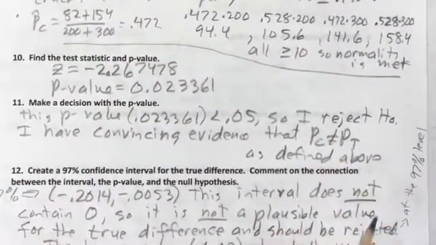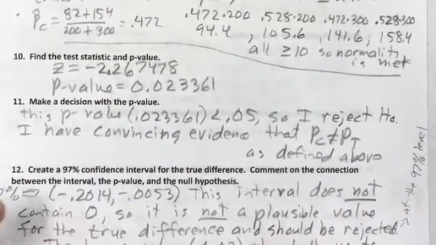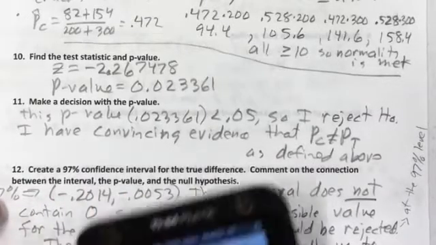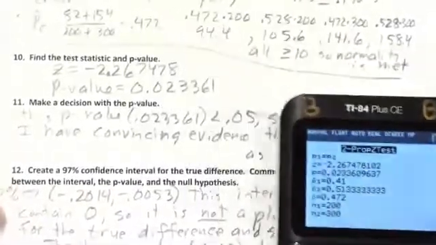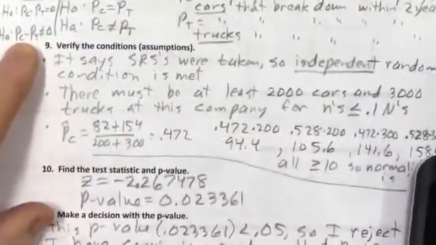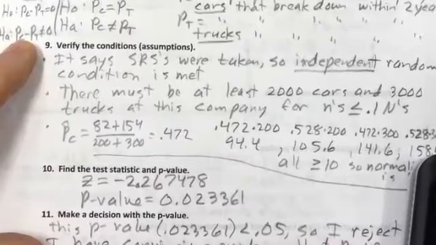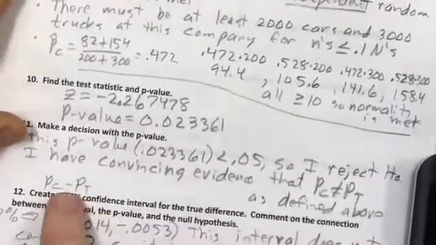The last thing is to make an interval and to make the connection between the interval, the p-value, and the null hypothesis. So let's make an interval for the difference, p sub c minus p sub t. We want to estimate that difference.